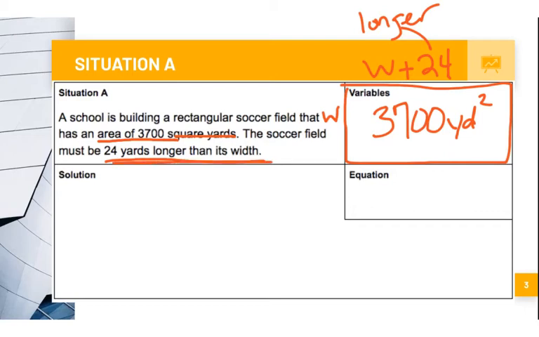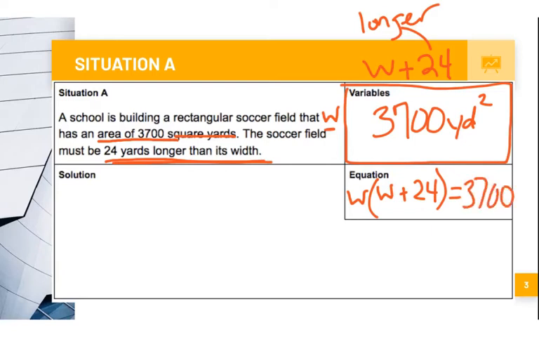All right. So again, what's on the outside are your factors. So my equation would be W, right? This factor times my other factor of W plus 24. And those two factors, when I multiply them, that will give me 3,700.